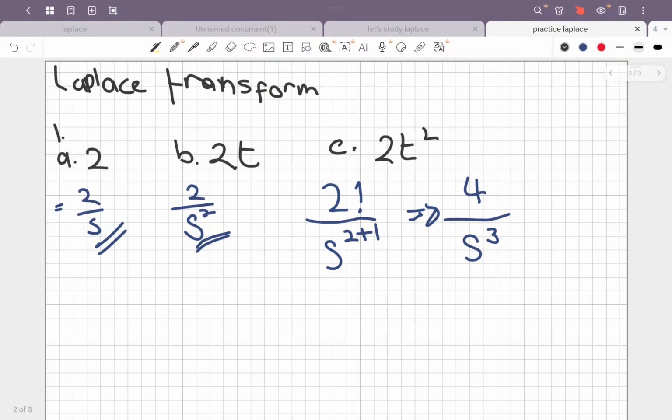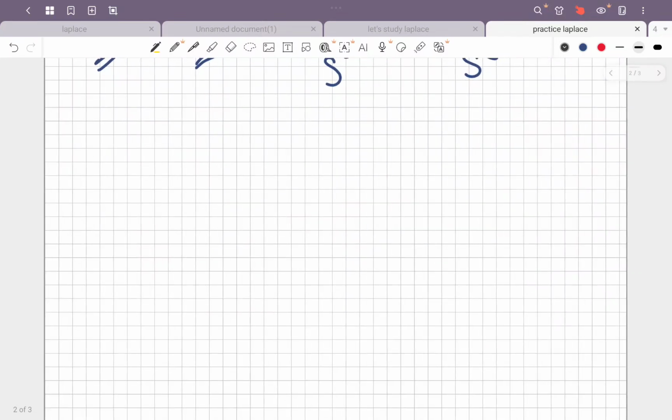Let's move on to question D. From this question we need to refer to rule number 7, which is called exponential decay.